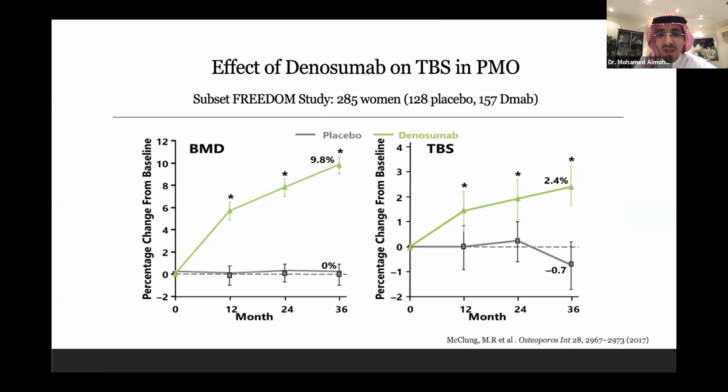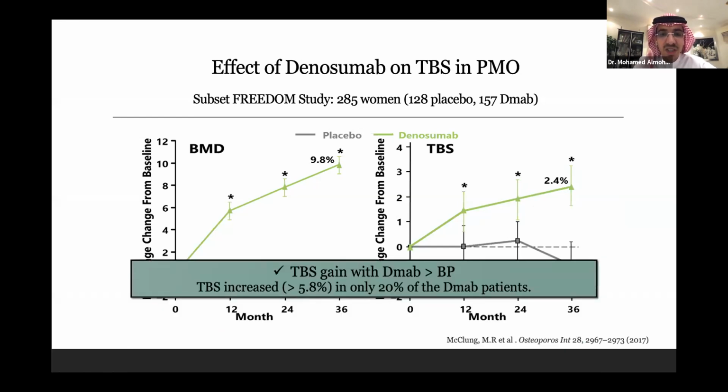So there is an increase in regard of TBS, but that's not exceeding the threshold of precision or least significant change. So in comparison to the other studies, TBS gain was superior with denosumab in comparison to both oral and also the IV bisphosphonate. TBS increase more than 5.8, which is the least significant change in the study, only in 20% of those patients.